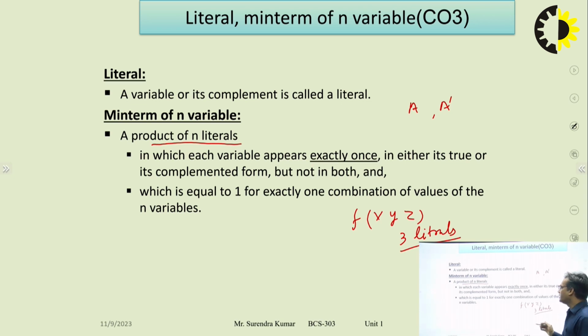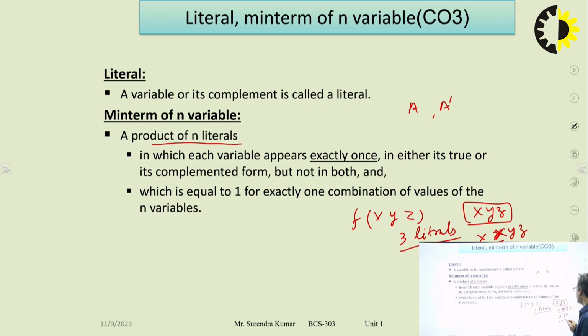In a single minterm, for example x y z, this is a minterm, it contains x, y, z, but x will not appear 2 times. x can be x or x bar, but not both.